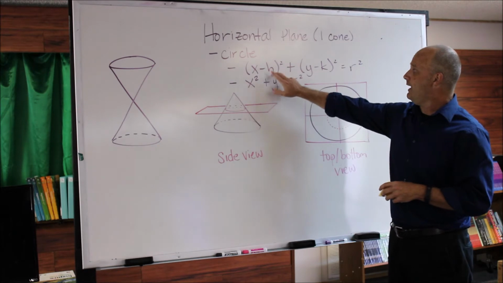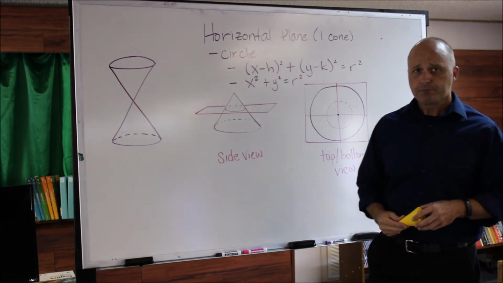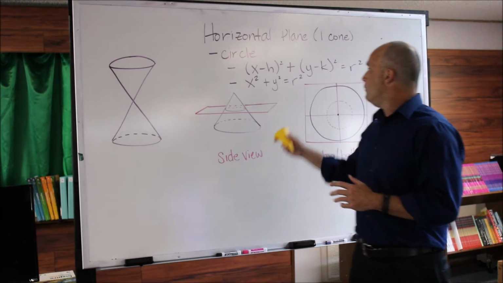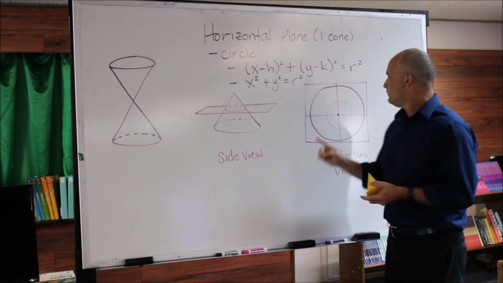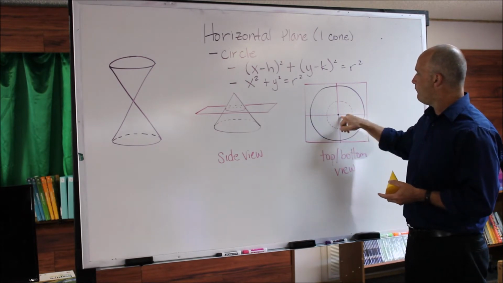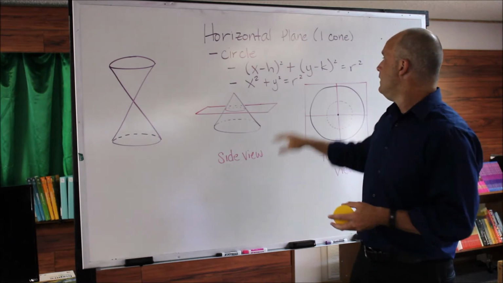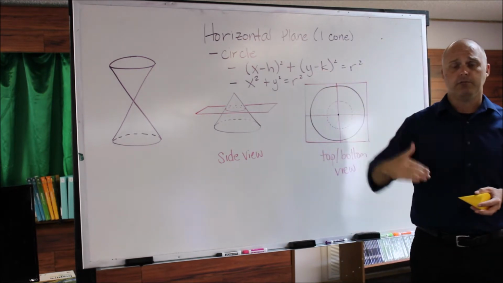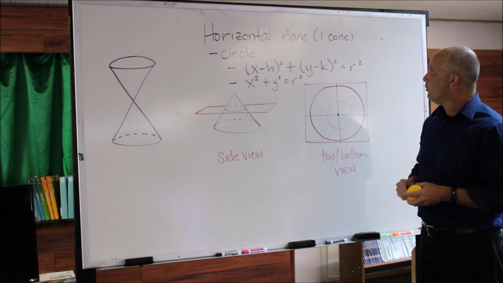You'll notice that you've got h and k, and then over here we've got an r squared. The h is going to indicate our horizontal movement, so we're going to be moving left or right away from the origin. And then our k value is moving up or down, again away from the origin.